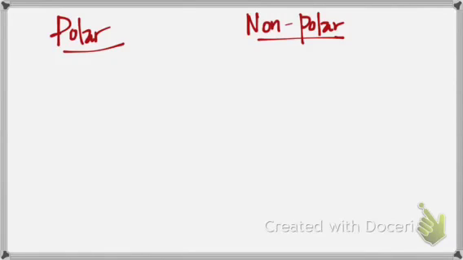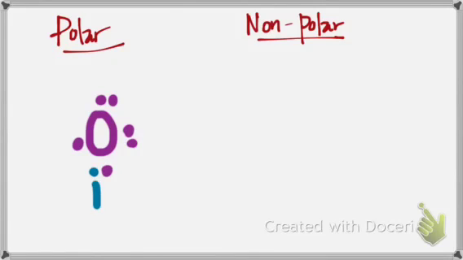So you've got a polar molecule and a nonpolar. Let's do an example of water. Water is the most common example of a polar molecule. And I tend to look at it as Lewis dot diagrams.